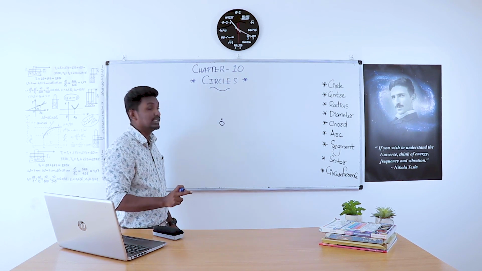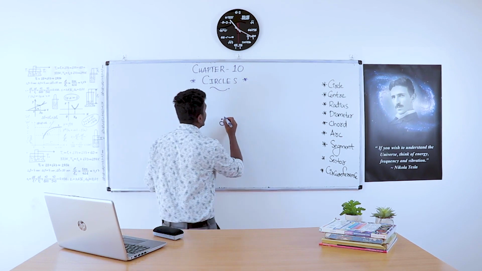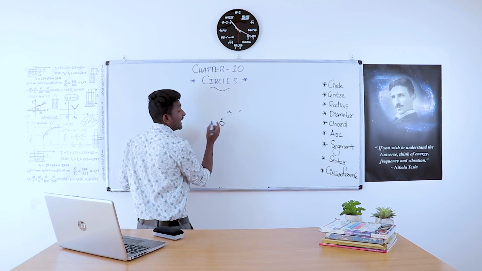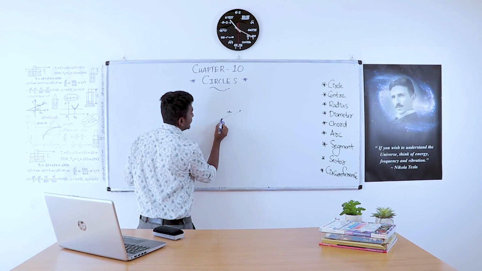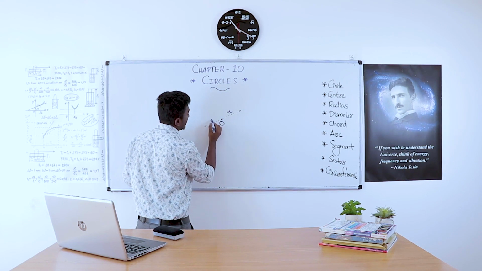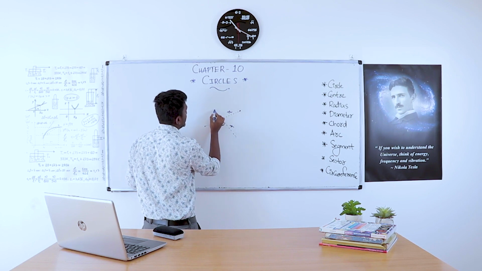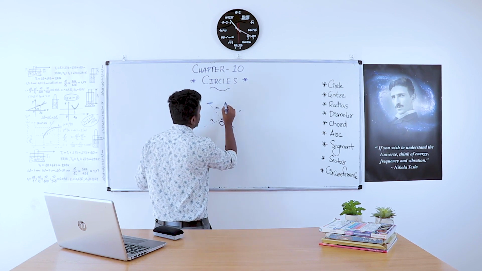I am taking this distance as x and marking a point. Now I can take only the points which are at a distance x from this point O. So I take another point also at a distance x, and some more points at the same distance x.